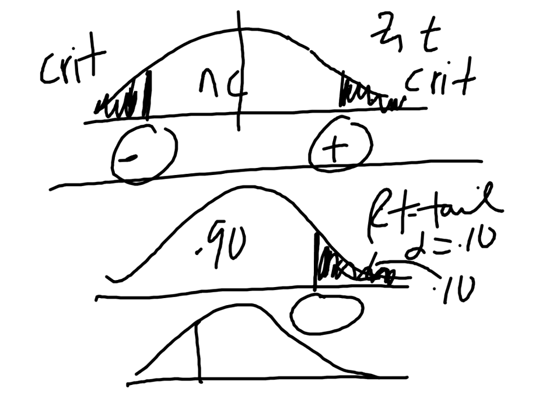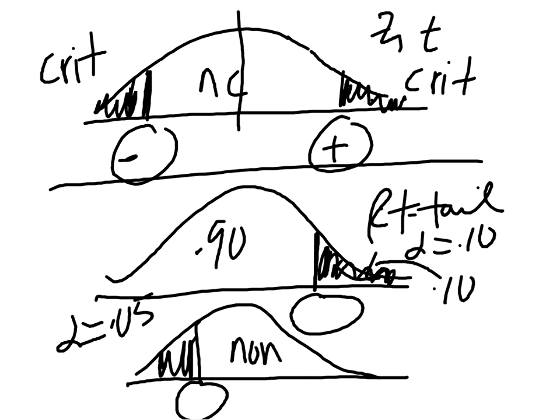Let's say that we had a left-tailed test at alpha equals 0.05. And so we know that this would be our critical area and that there would be a negative z or t-value there, and everything to the right of that would be non-critical. This is just some things that we should recall.